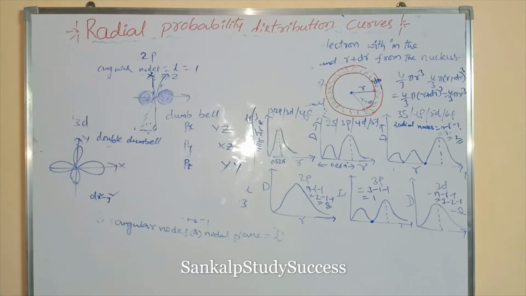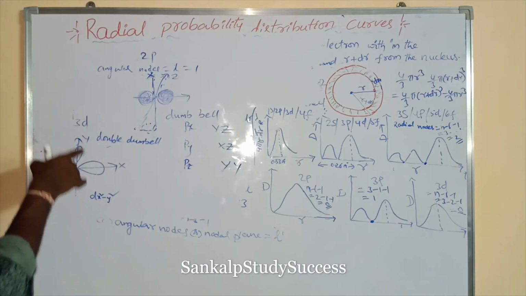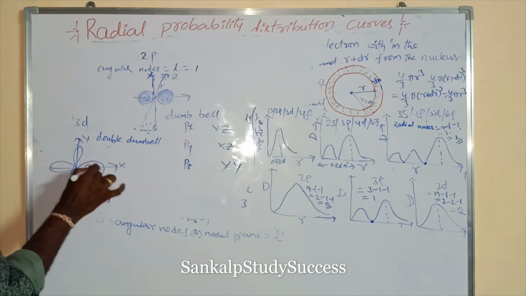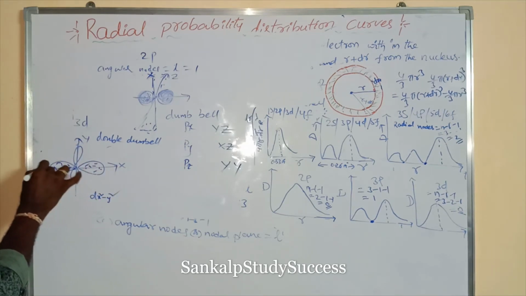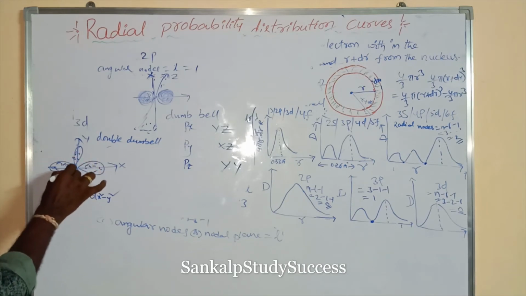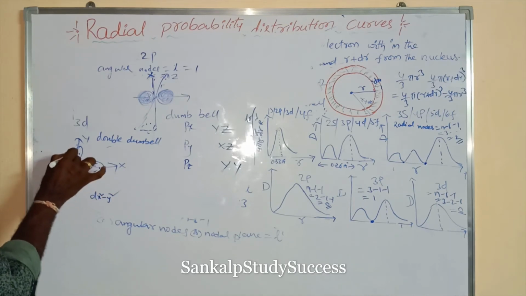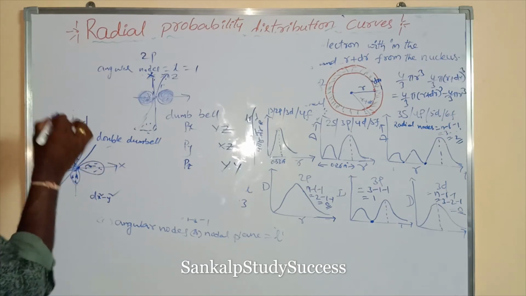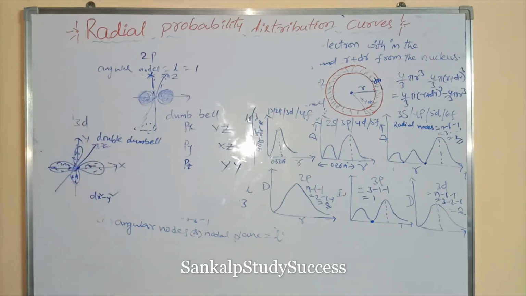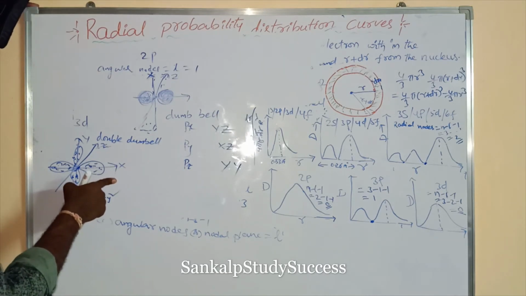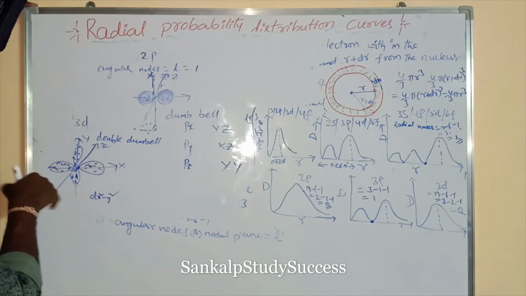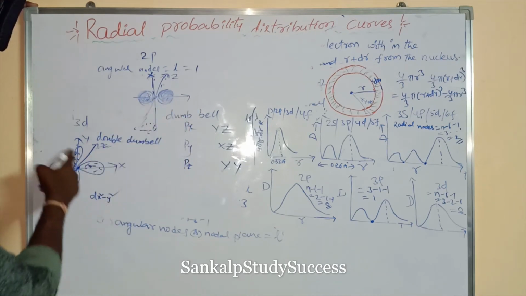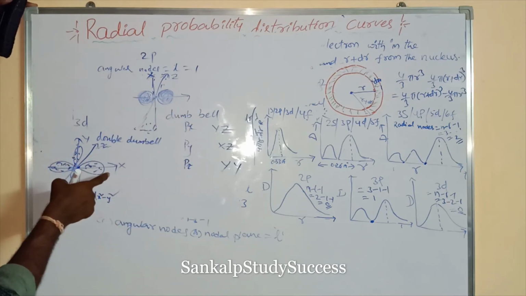Here the lobes are present on x axis and y axis. So here the probability of finding electron around the nucleus is present in four lobes. This is one lobe, this is the nucleus, second lobe, third lobe, four lobes. This is the z axis. In p orbital 2 lobes, in d orbital 4 lobes.